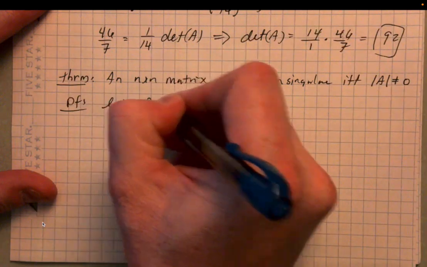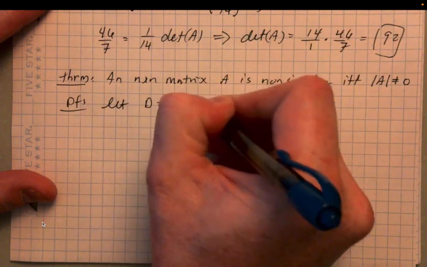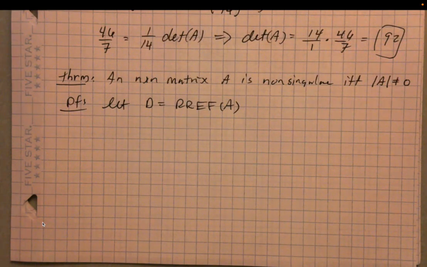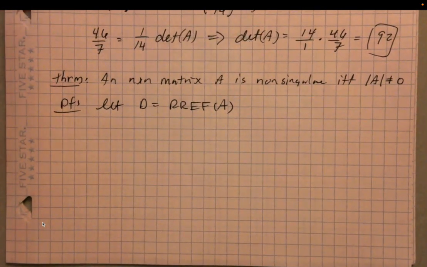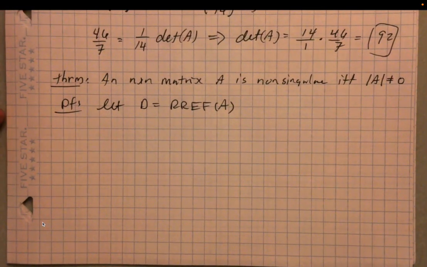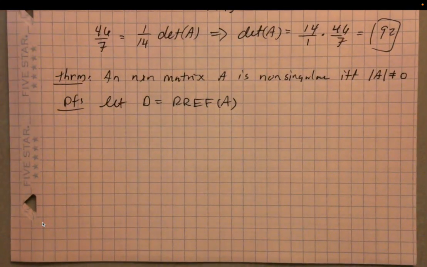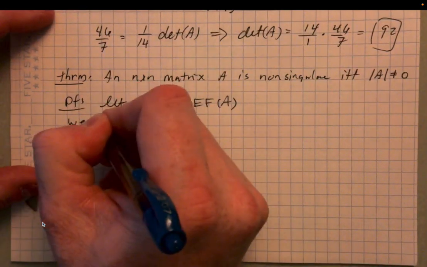So we're going to let D equal the reduced row echelon form of A. Okay. Now we know D is unique, right? There aren't two distinct D's that are equivalent to A and also in reduced row echelon form. There's only one.